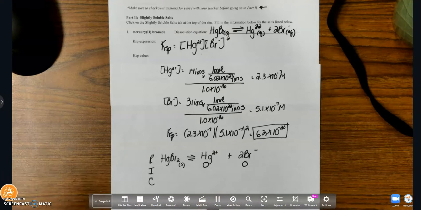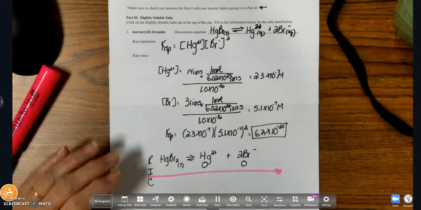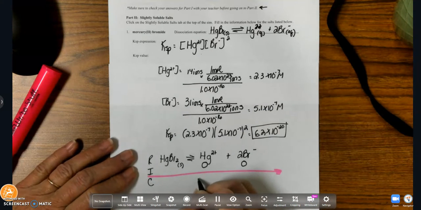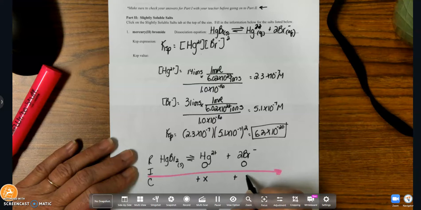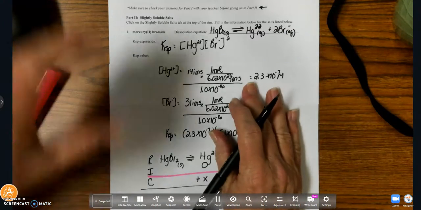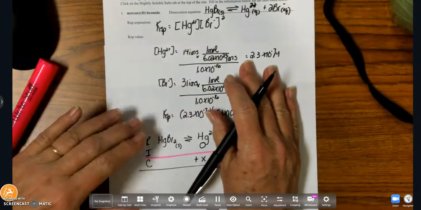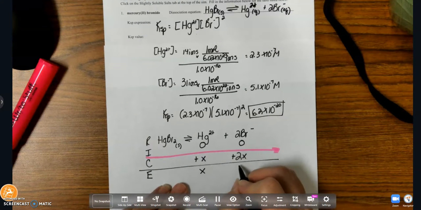Well, first let's do our shift. Our shift, of course, is going to go in this direction. My change is going to be positive and positive. My change is X and X, and this is 1, and this is 2. Okay, so now my equilibrium concentrations are X and 2X.